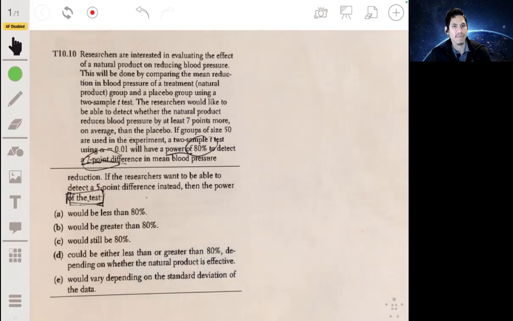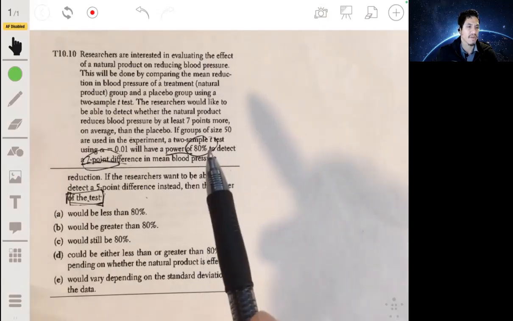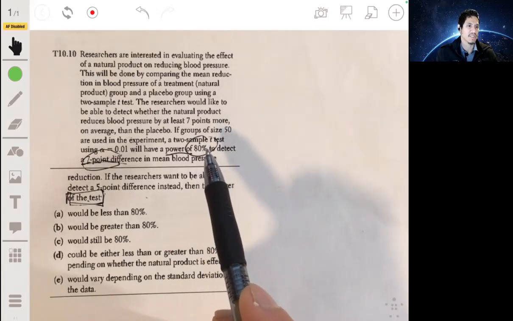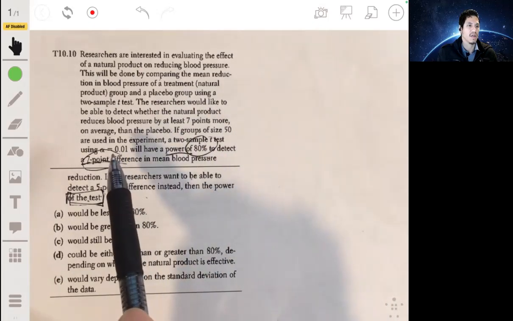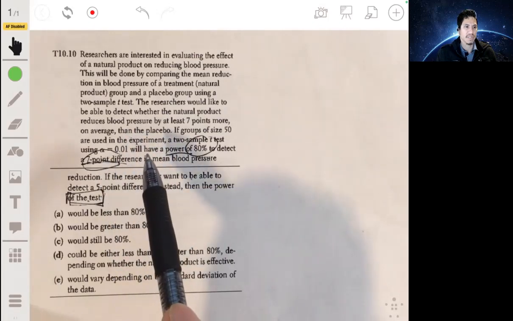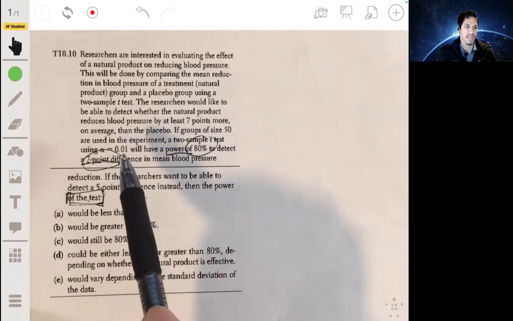Now let's first recognize power is a probability. Power is a probability to detect something being true. So this basically says we have an 80% chance of detecting a true 7-point difference in mean blood pressure reduction.